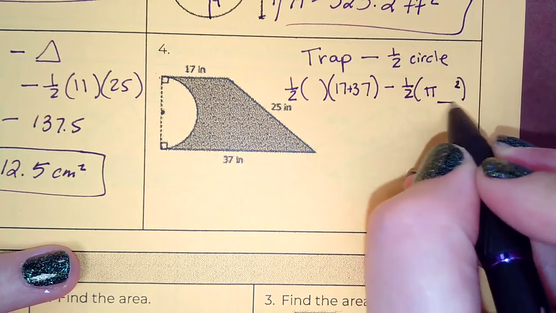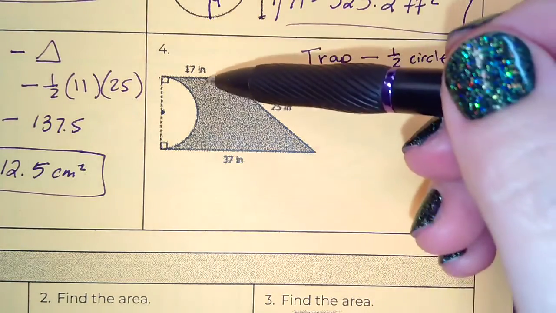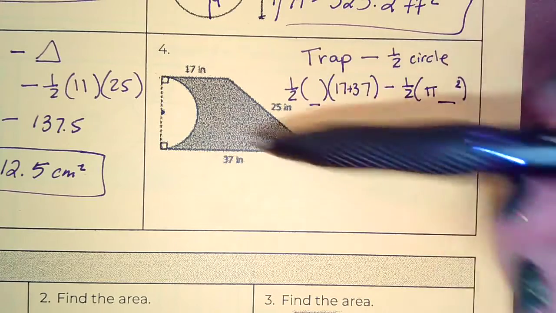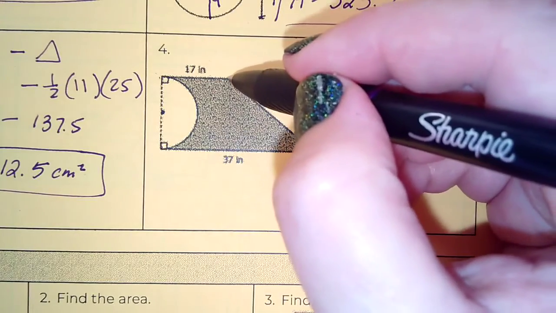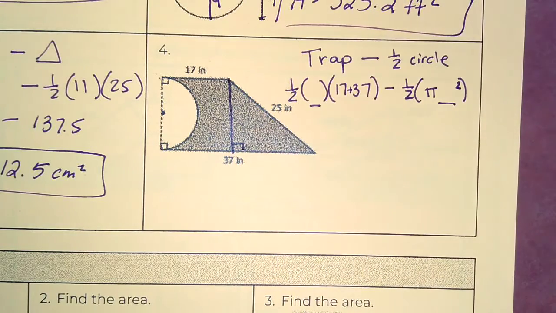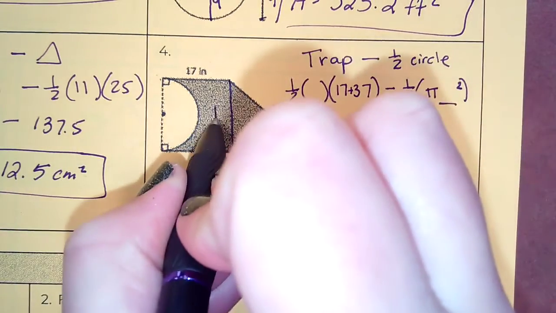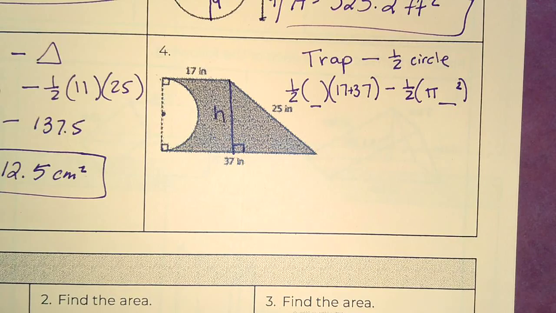So we're looking for this piece and this piece. We don't know what the radius is. So let's think, could we find the distance between these two? Well, if I create it here, and I draw myself an altitude, right angle, could I figure out the length of this, or I'll call it h for height.